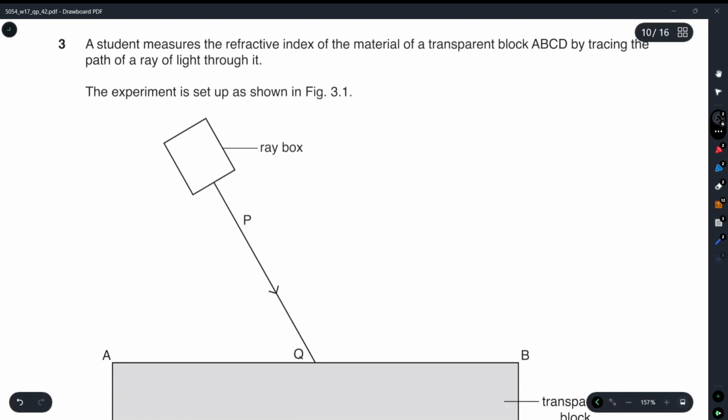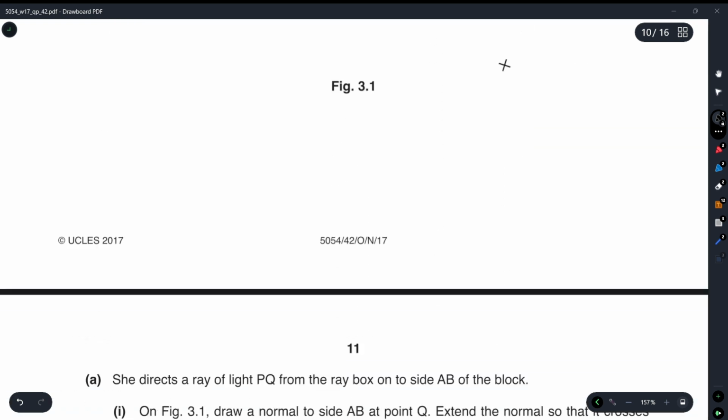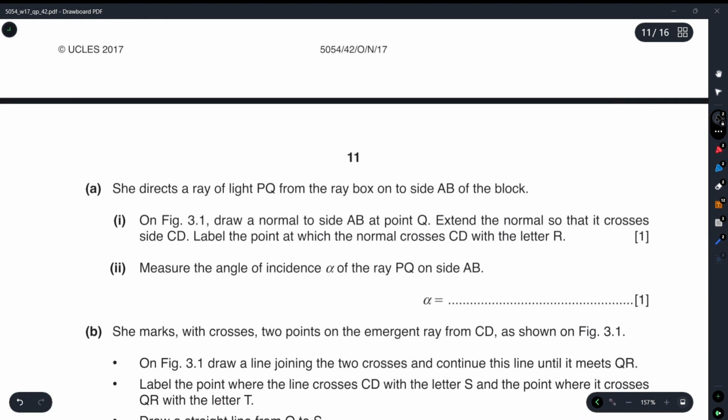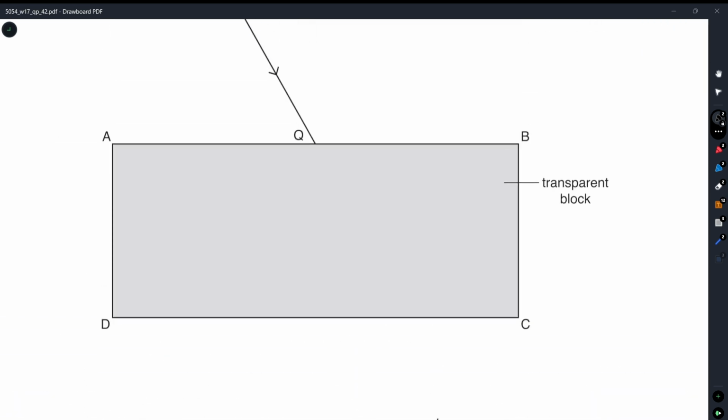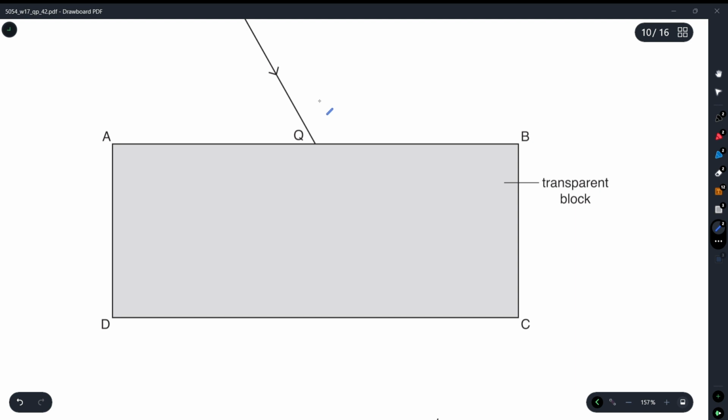Student measures refractive index. What do we have to do? She directs on figure 3.1. Draw normal to side AB at point Q, extended so that it crosses side CD. Label the point R. So we are going to draw the normal. Normal, of course, is going to be 90 degrees.